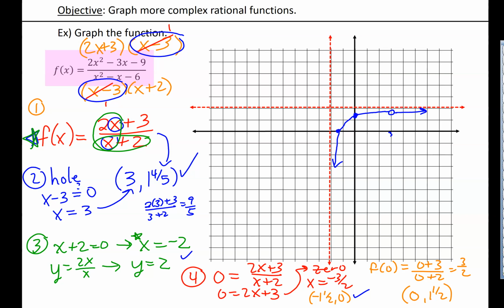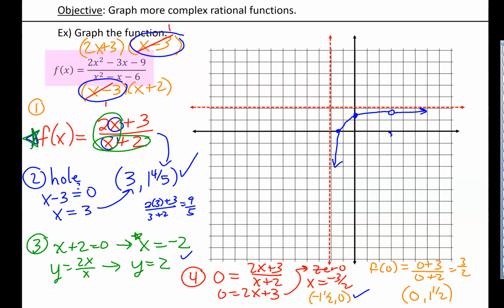Well, that means I need to figure out at least one point for this left side over here. Where is my graph? The easiest way is generally to pick an x value from this part of the domain and then plug it into our reduced function, find the y that goes with it, and then graph that particular point.